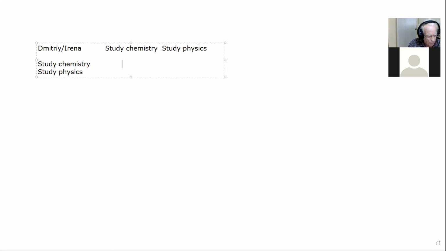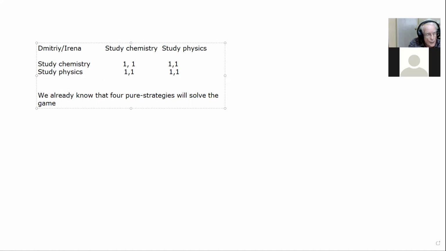The payoffs look very strange. We already know that there are 4 pure strategies that solve that game. What we now want to know is whether there are any mixed strategies that are possible.